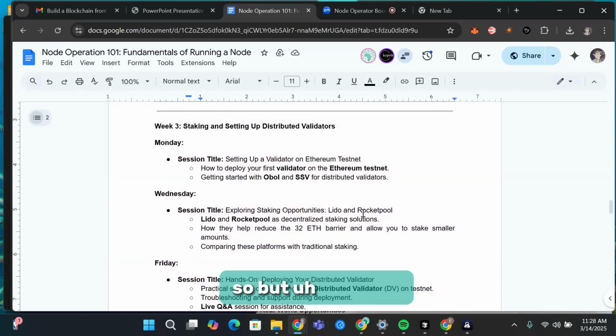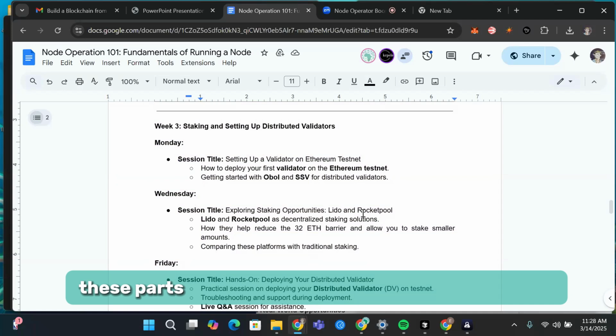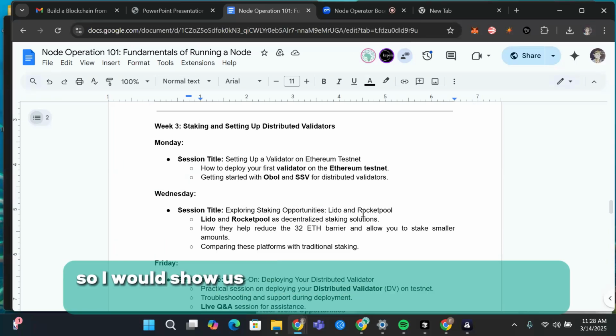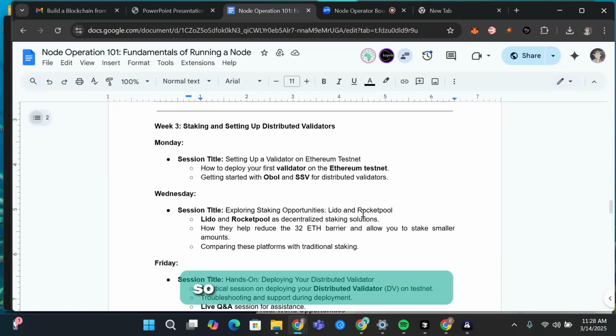But basically, these parts are more theoretical for now. We'll get more dirty into the process later.